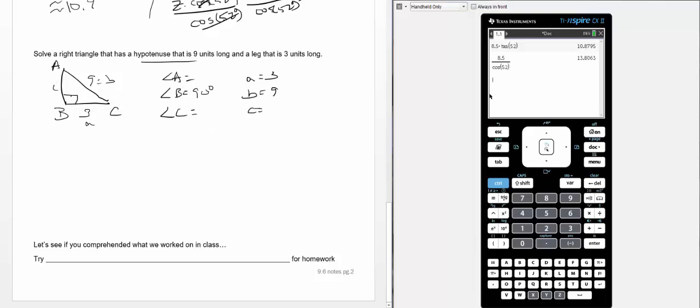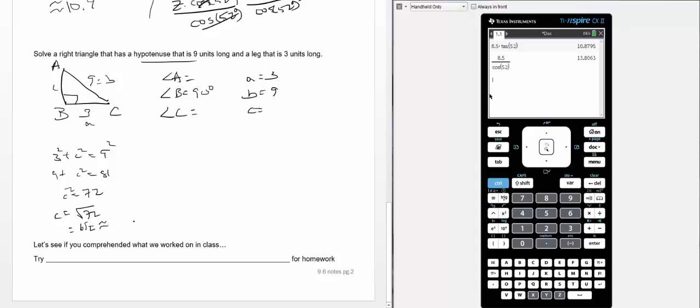I know that leg squared plus leg squared equals hypotenuse squared. So I know that 3 squared plus c squared is equal to 9 squared. Or 9 plus c squared equals 81. C squared is 72. So c is the square root of 72, which in exact form is 6 roots of 2.